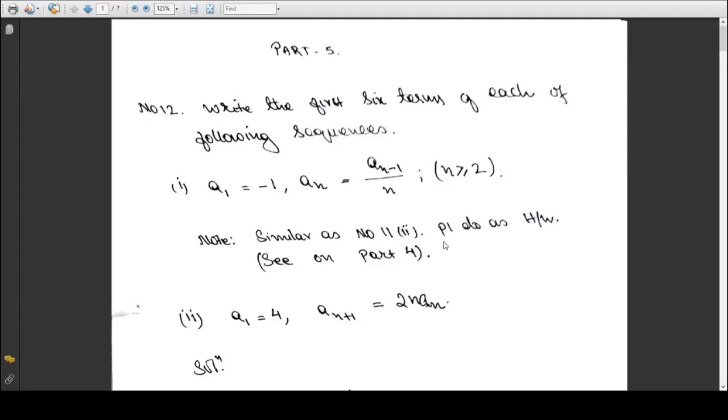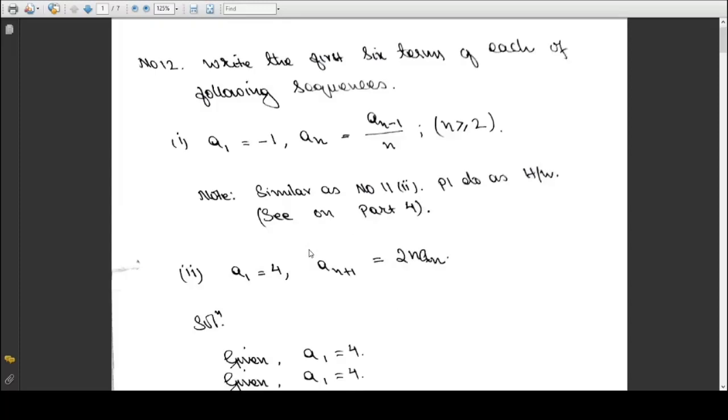Please go to that and watch how it has been solved, and try to do this as homework. The problem is similar to number 11, and you try to do it by yourself. Now we'll move to the next number, which is number 2.